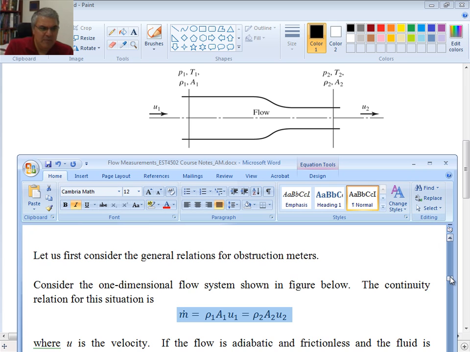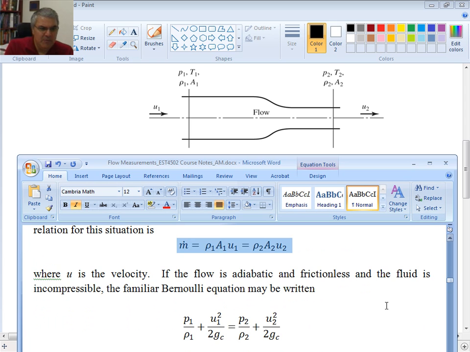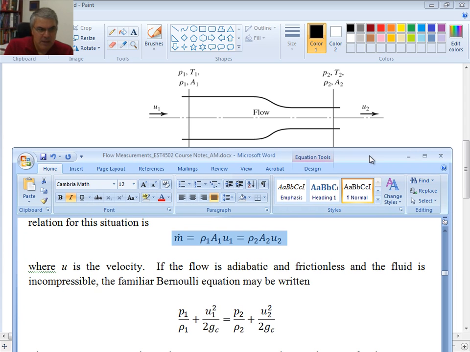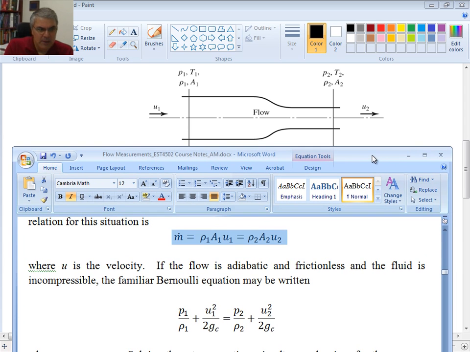If we use the same principle, the famous Bernoulli equation from fluid mechanics, then the equation shown here: P1 over rho 1 plus U1 squared divided by 2 G sub C would be equal to P2 divided by rho 2 plus U2 squared divided by 2 G C. This is a Bernoulli equation, which is not magic.